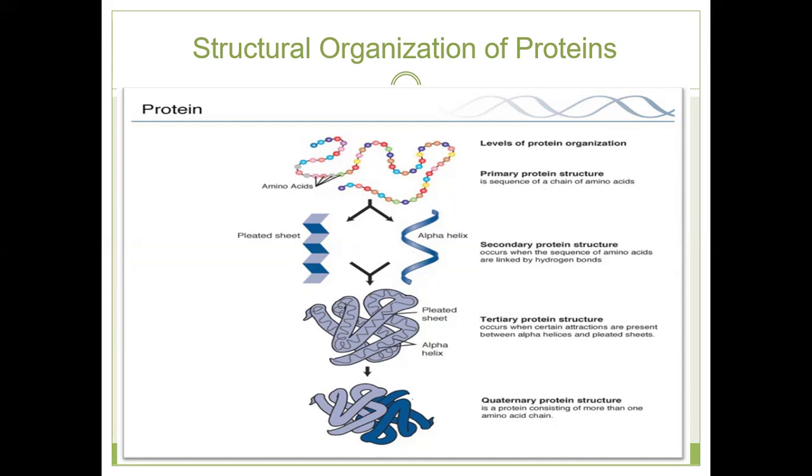But there are quite a number of interactions that could happen between the amino acids, apart from the peptide bond. There could be some steric relationship within the linear sequence, and that steric relationship can be in the form of hydrogen bonds.